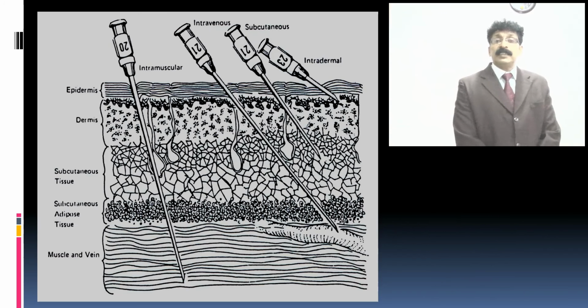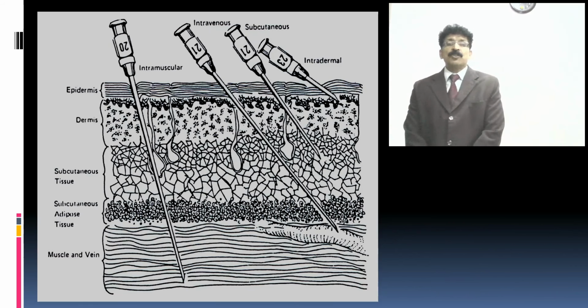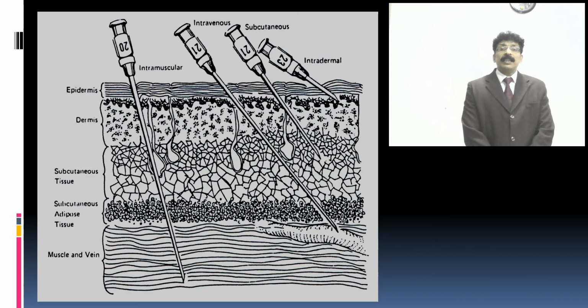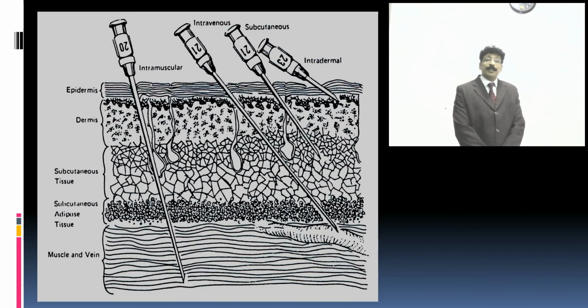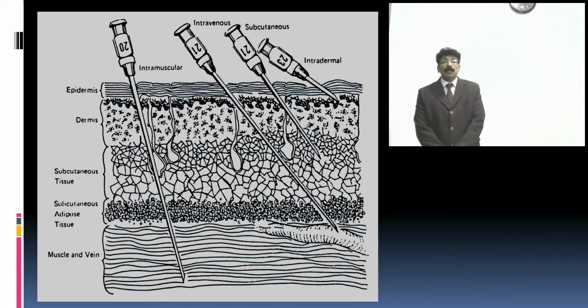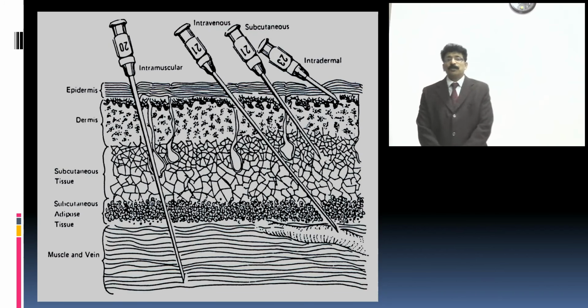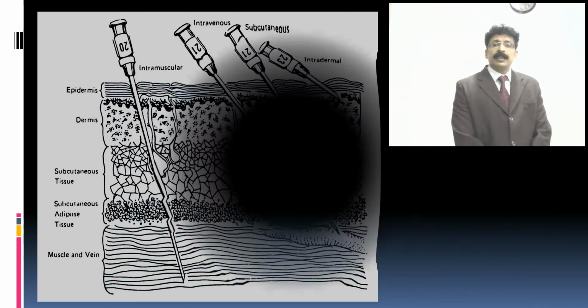Sometimes the veins are at the top, sometimes the deep veins can also be selected. And for muscular, deep, 20 number has to be inserted. You can see the structure in the picture: epidermis, dermis, subcutaneous, and the muscular layer, how deep it is. So this is the way the injections are made for the parenteral route.